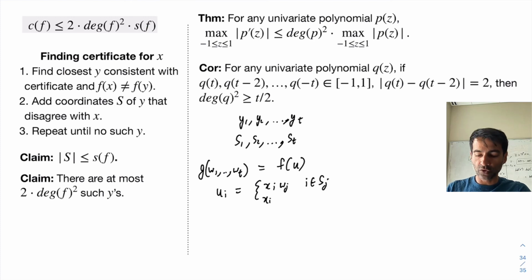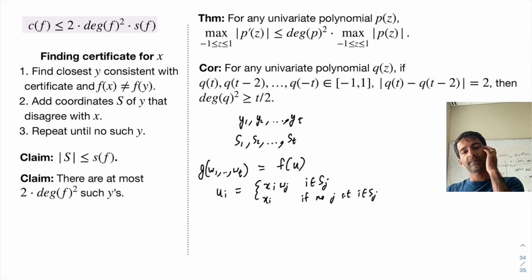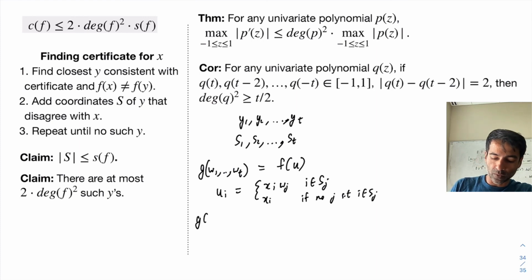And if there's no j such that i is in Sj, then ui will just be equal to xi. So that's the definition of g. And the feature of g is that if you look at g of the all ones input, that's equal to f of x.